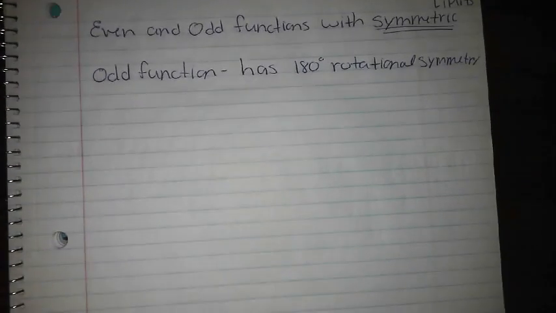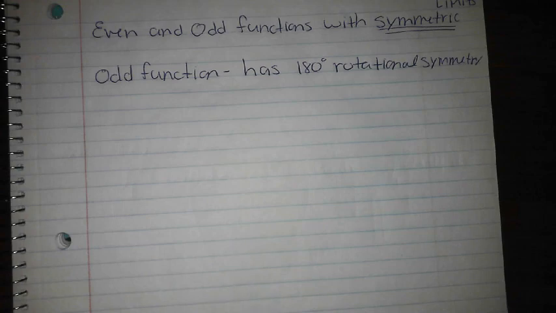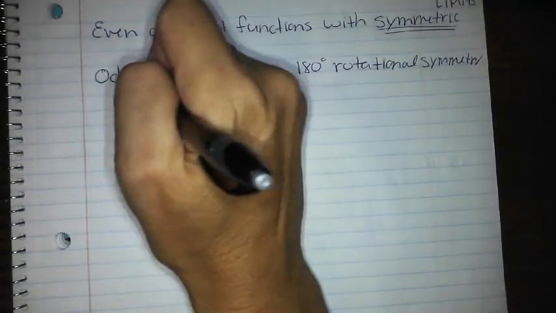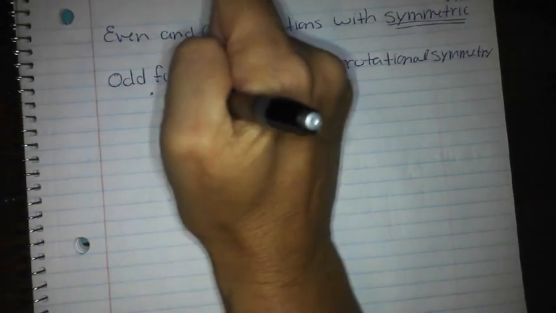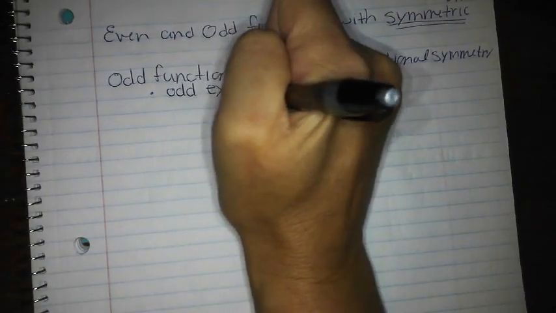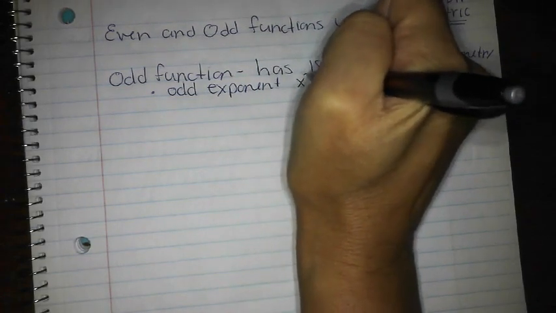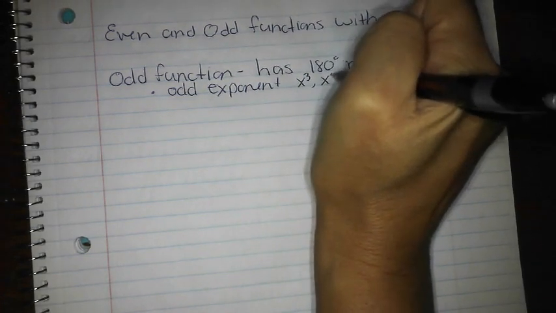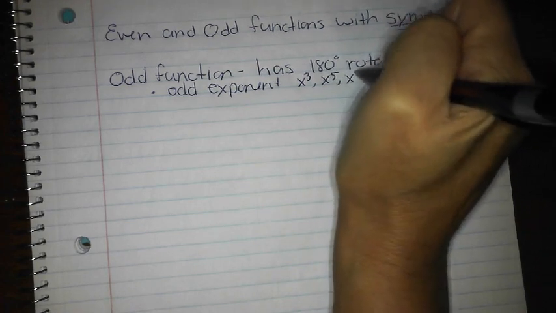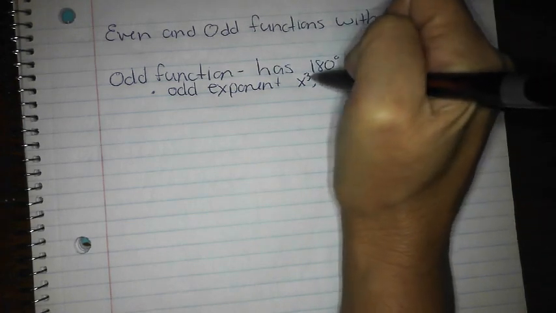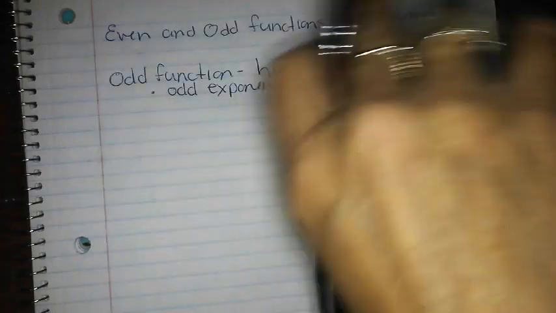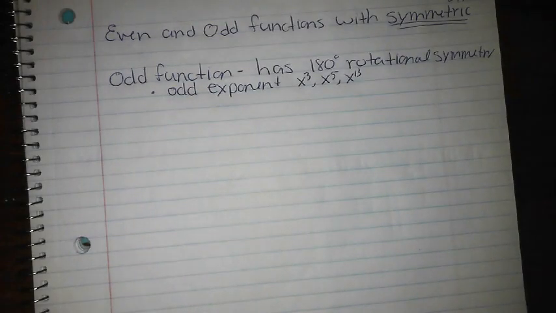This does not. So, which functions do have that ability? Any function that has an odd exponent, like x cubed, x to the 5th, x to the 13th. As long as the exponent is odd, the graph will spin 180 degrees and look like itself.